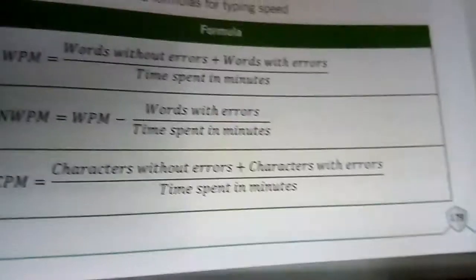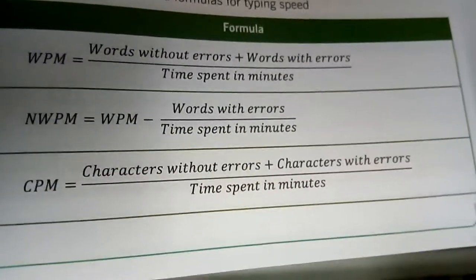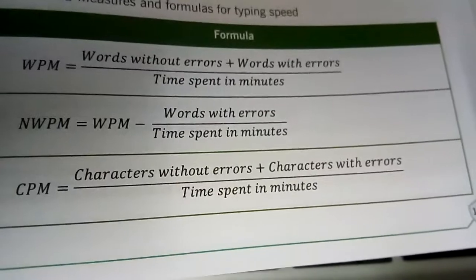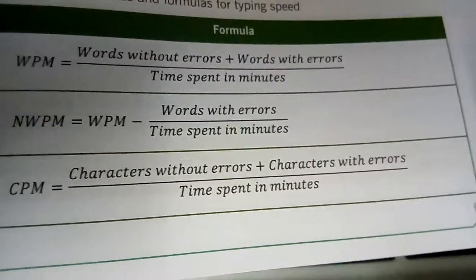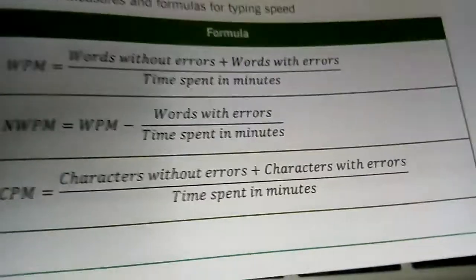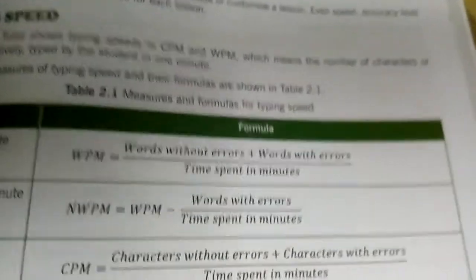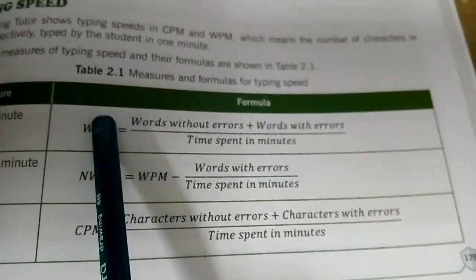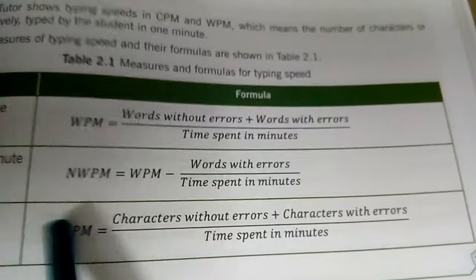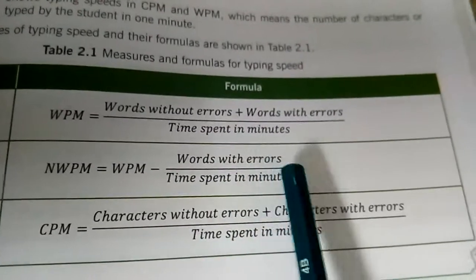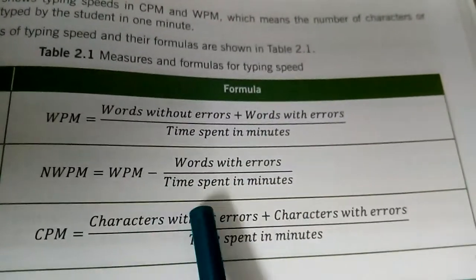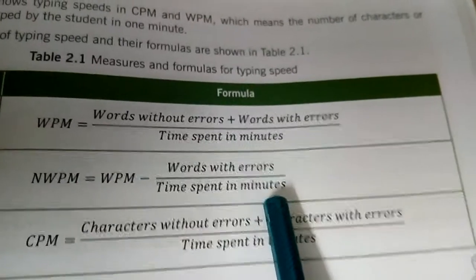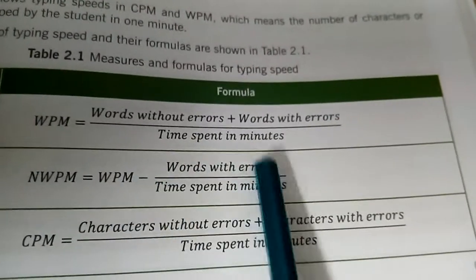Similarly NWPM. NWPM means net words per minute. How will you measure net words per minute? That is WPM, which you have seen first, right? Here you have seen the WPM. So this WPM minus words with errors divided by time spent in minutes. That means how many words you have done.